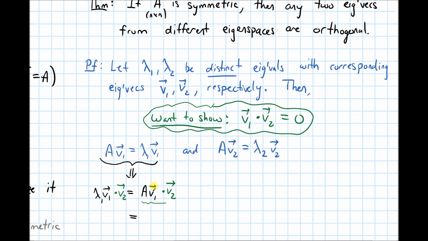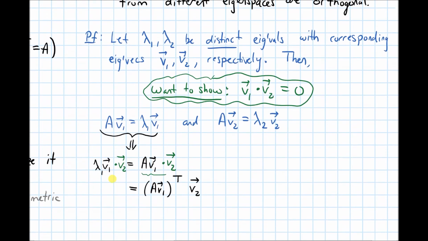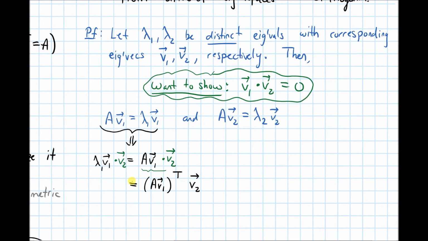Okay, so we've seen before that if you take the dot product of two things, in this case A v1 with v2, that's the same thing as writing the first vector, transpose, times the second vector. So the first vector in this case is A times v1. When you multiply the matrix A by the vector v1, you get a vector. So we can rewrite our dot product in this way. We've seen this a number of times now over the last few sections where we've used this property of the dot product to rewrite it.